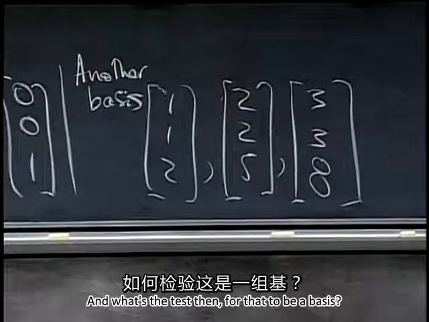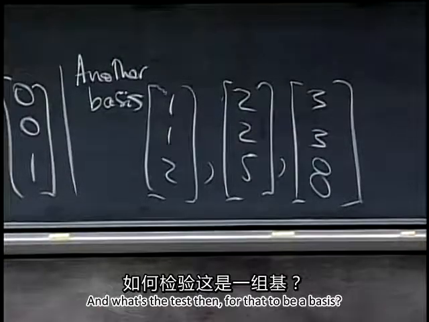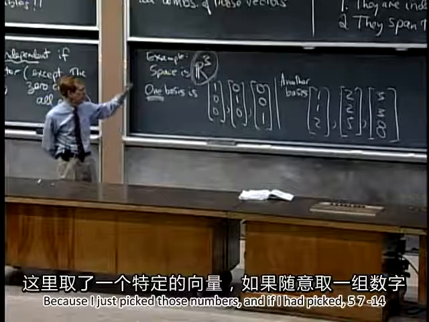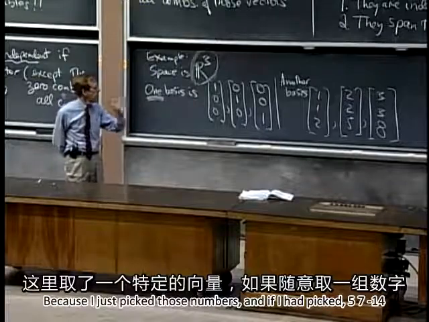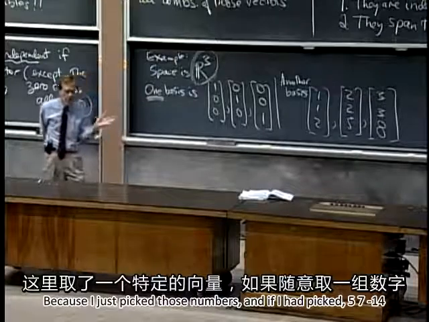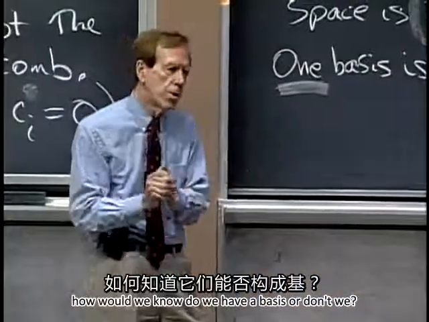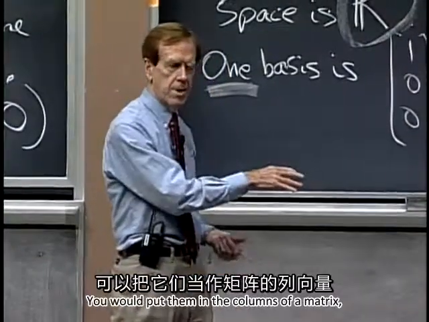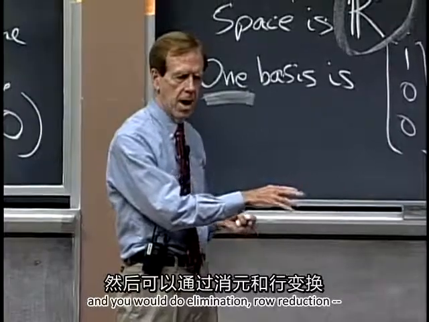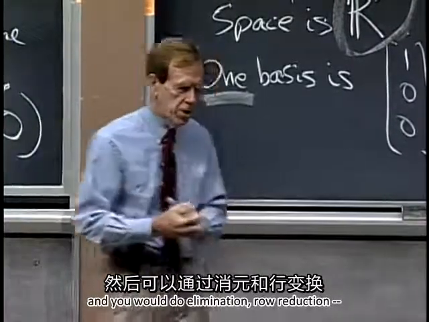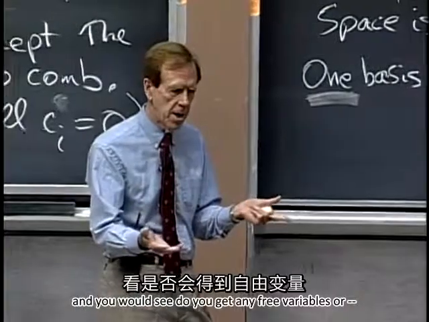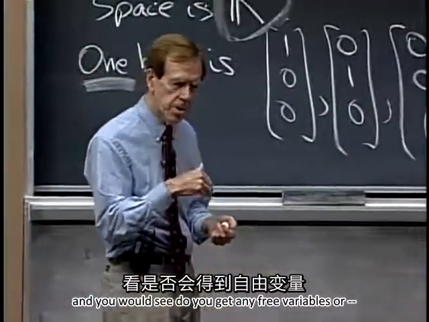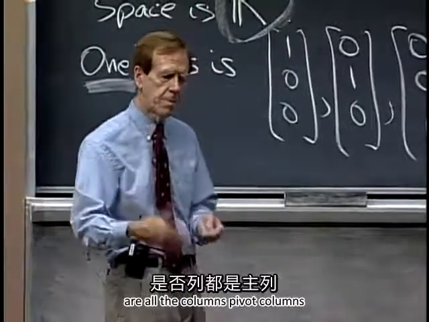And what's the test then for that to be a basis? Because I just picked those numbers, and if I had picked 5, 7, minus 14, how would we know? Do we have a basis or don't we? You would put them in the columns of a matrix, and you would do elimination, row reduction, and you would see, do you get any free variables, or are all the columns pivot columns?